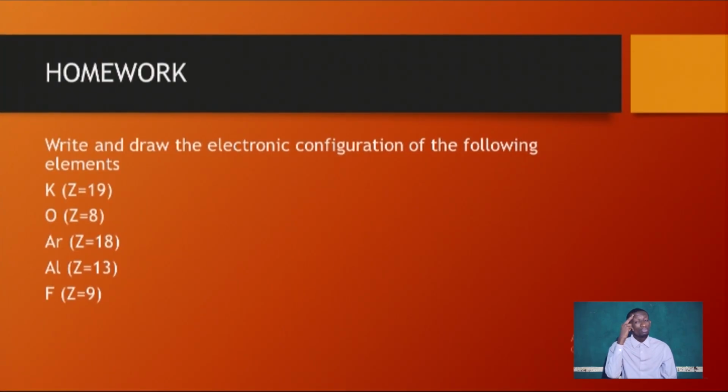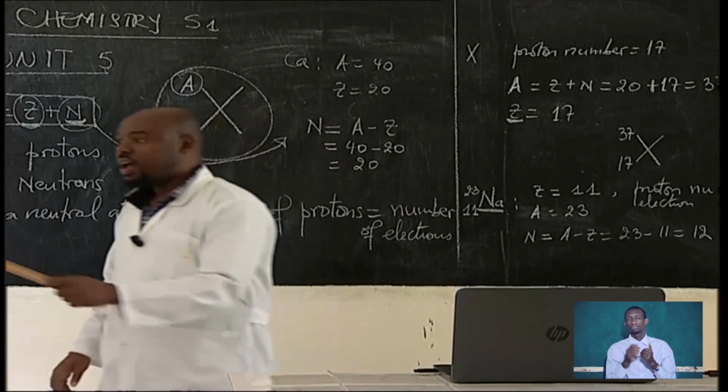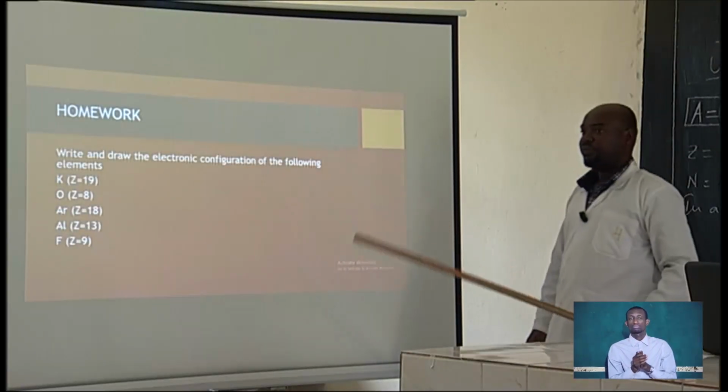Remember, one of the objectives we had is that you should be able to write the electronic configuration of at least all the first 20 elements. So these are the elements you will try.